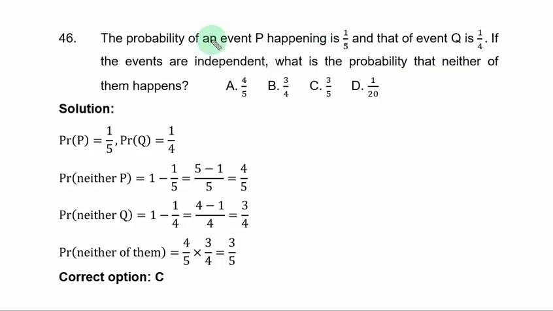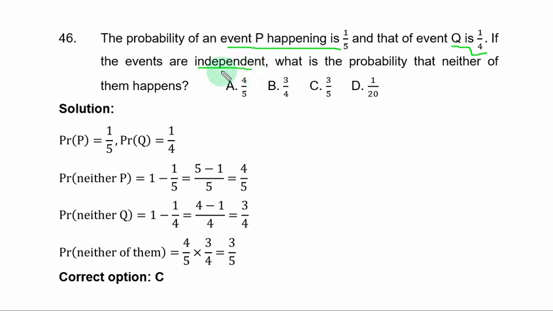Question 46. The probability of an event P happening is 1/5 and that of Q is 1/4. If the events are independent, that shows multiplication rule. What is the probability that neither of them happens?